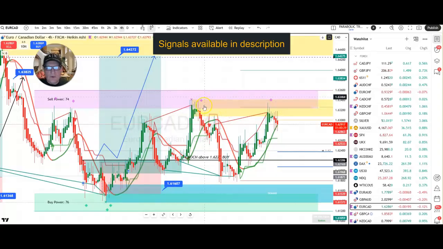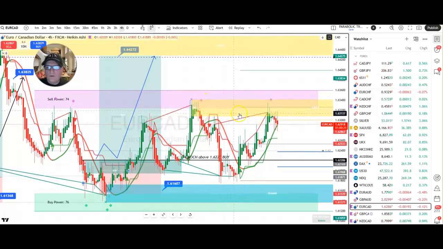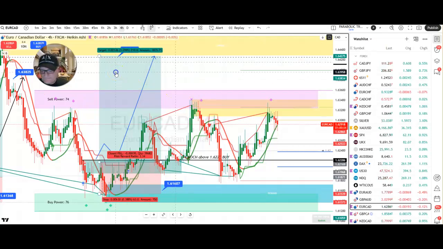It's coming into quite a strong supply zone here. So I've taken this trade out. It's no longer valid because of this strong supply zone with a sell power 74. So that indicates the price is highly likely to react at this place. So take a small profit and then move on to the next move.